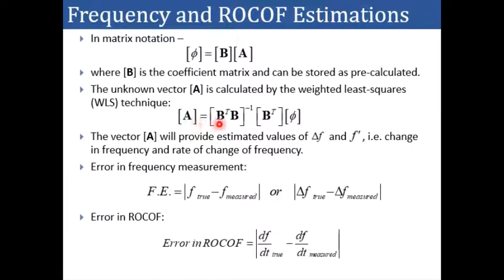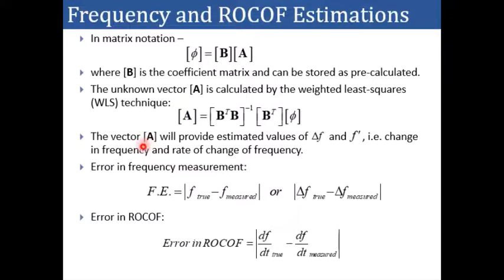So A can be written as B transpose B whole inverse B transpose phi. By using this expression, we can find out the value of vector A. Since B is a constant quantity, B transpose B inverse B transpose can be pre-calculated and stored somewhere for a constant sampling frequency, and immediately after getting the value of phi, the value of A can be calculated.